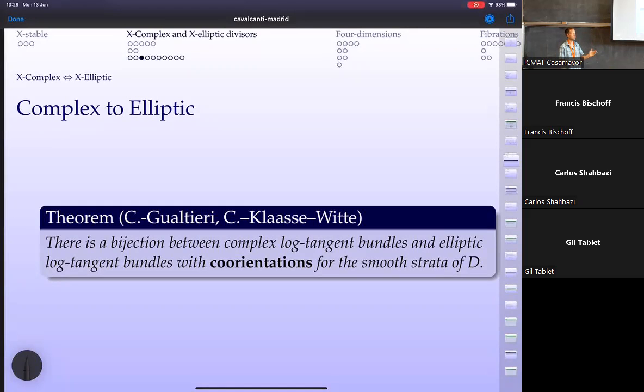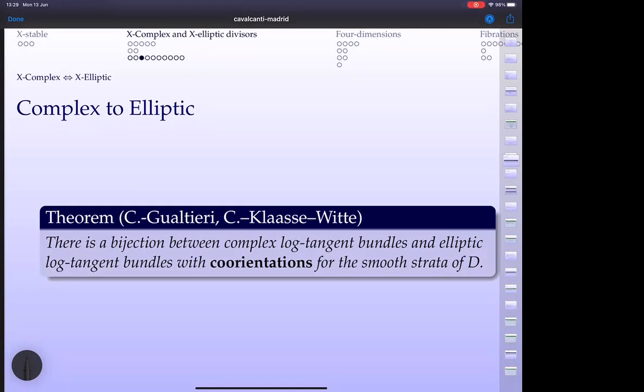So that's just the coorientation. So if you give me coorientations, so this is a stratified space, right? Because it's a bunch of self-intersections. So just look at the complex codimension one part. If that part is coorientable, then you can actually start picking the Z coordinates, and you do come from a complex log tangent space.